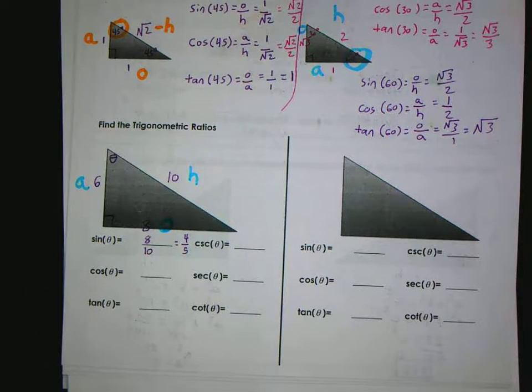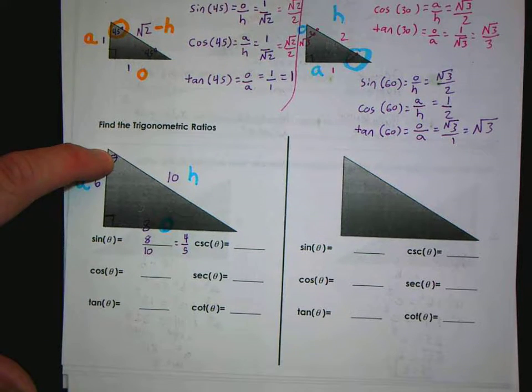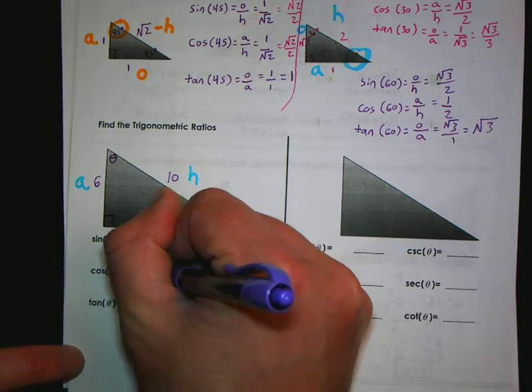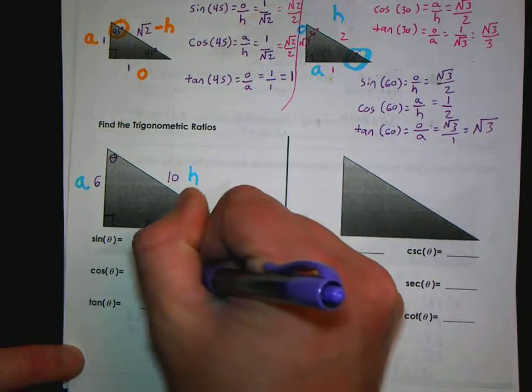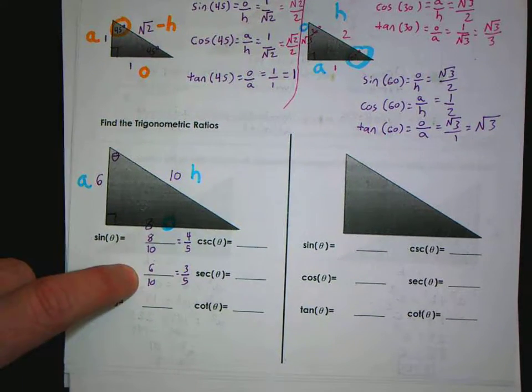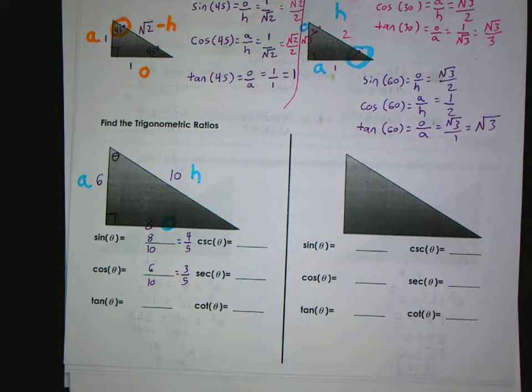If you need help reducing fractions, just talk to me. Cosine of that angle, CAH, A over H, A is 6, H is 10, which reduces to 3/5. So in your homework, cosine of theta equals 3/5.